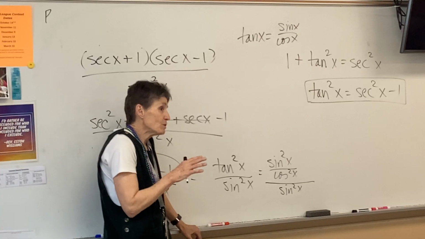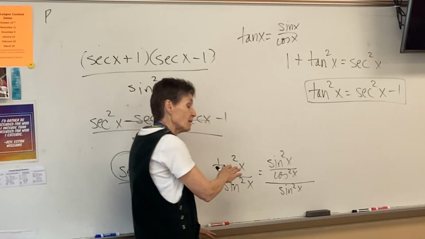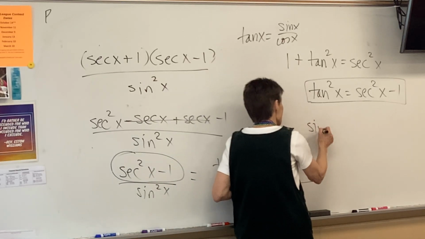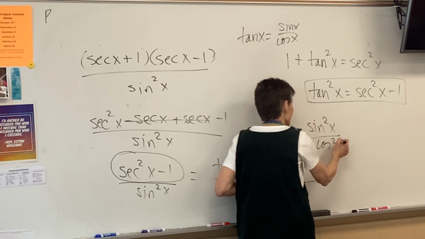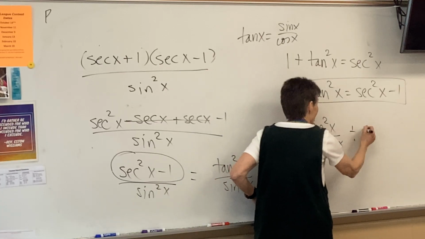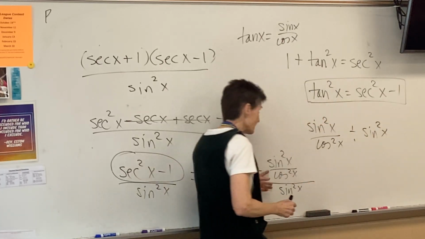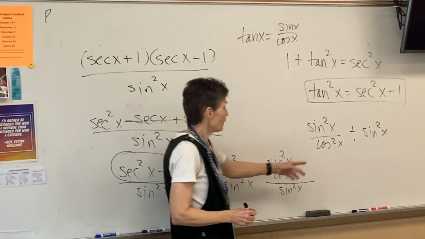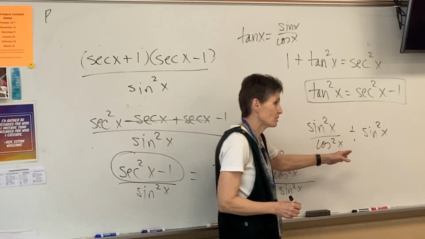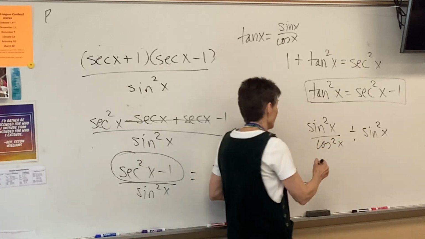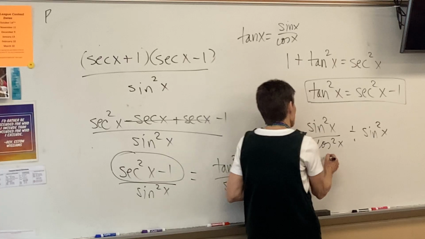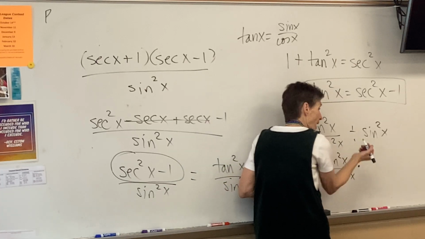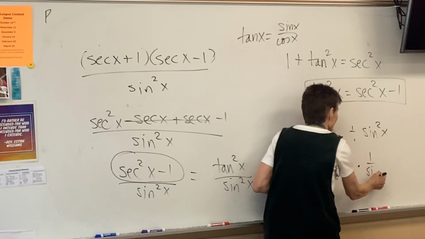Now, many of you are probably uncomfortable with complex fractions, so let me remind you that what this says is sine squared over cosine squared divided by sine squared. Dividing by a fraction is multiplying by the reciprocal. Keep, change, flip. So sine squared over cosine squared times 1 over sine squared.